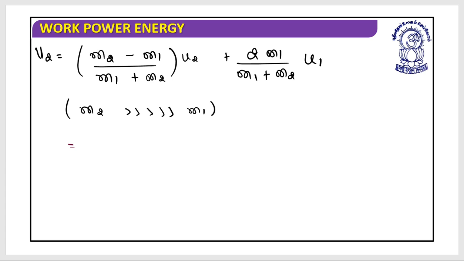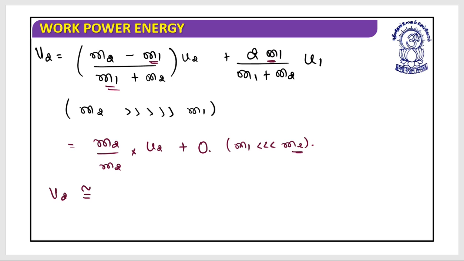So v2 could be written as, ignoring m1, m2 by m2 into u2, plus 0 here, because m1 is much smaller than m2. So no need to multiply or divide it. So v2 is approximately equal to u2. That means it is going to move with the same speed. I hope this is clear. Is it clear? So v2, the second object, was our wall.